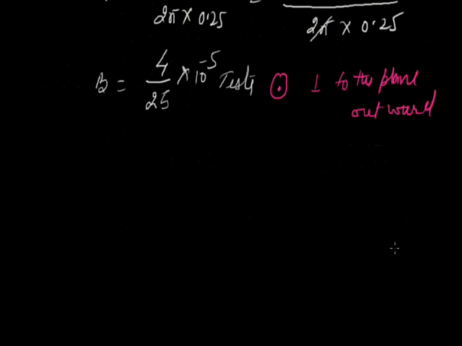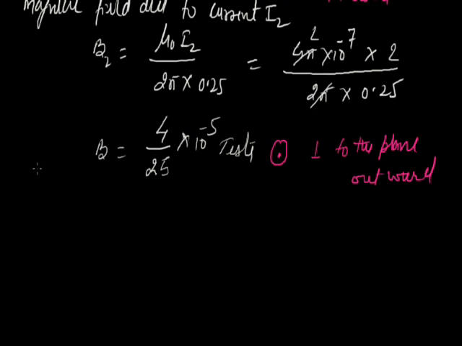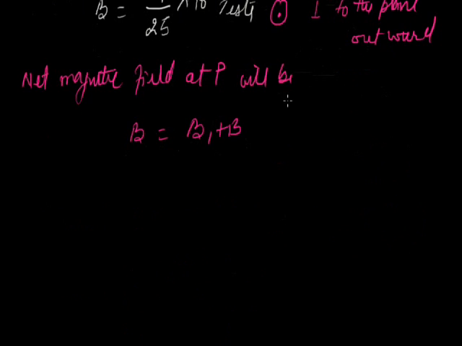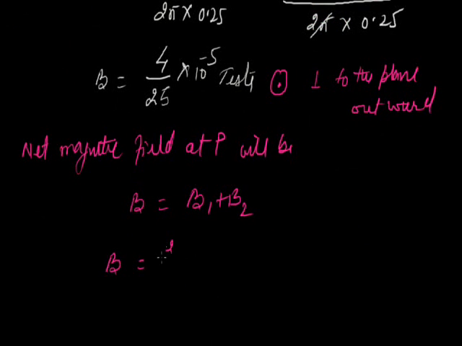So the net magnetic field at P will be B1 plus B2, but they are in opposite directions. So B will be 2 upon 25 into 10 raised to the power minus 5, minus 4 upon 25 into 10 raised to the power minus 5.